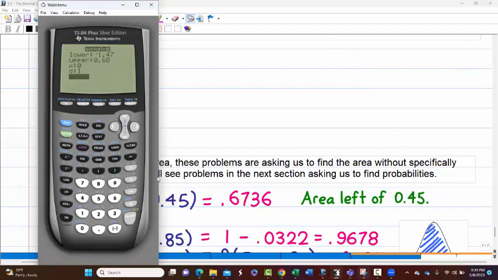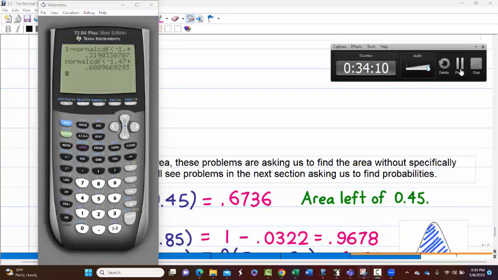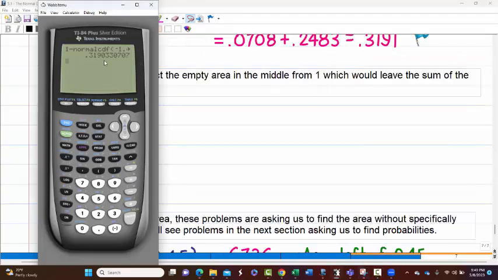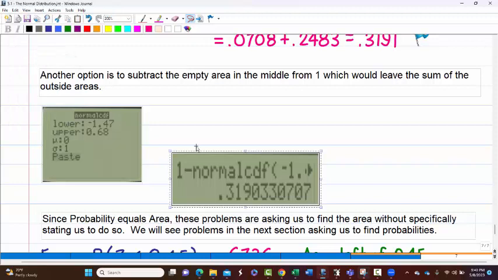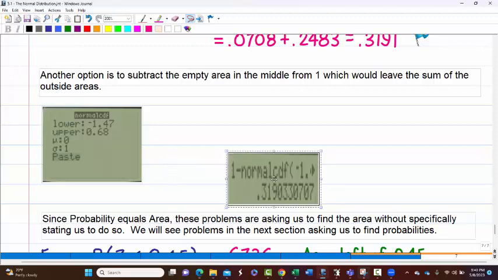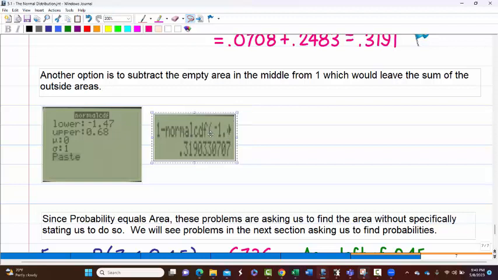So I put this in the notes so you could see what was entered, and then because you can't see everything here, so here we have it with the 1 minus. So even though you can't see the rest of that screen, you can see to the left what was entered in there.